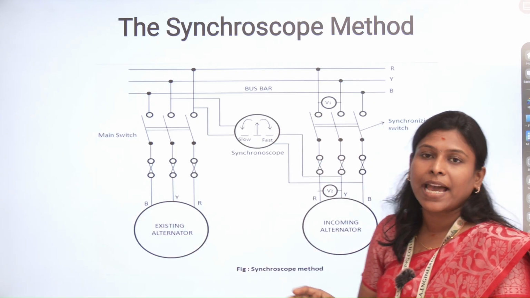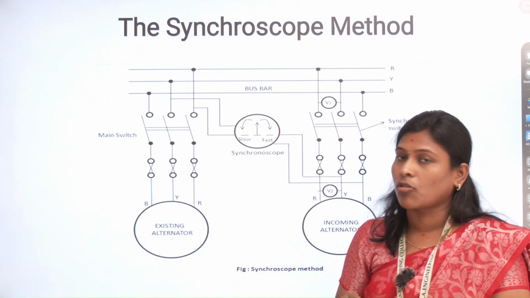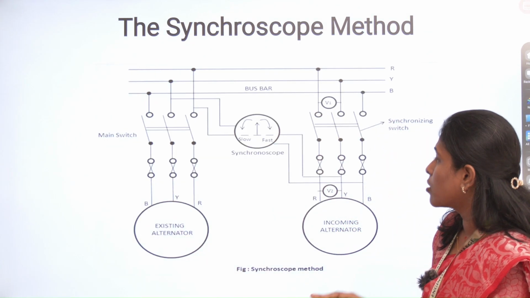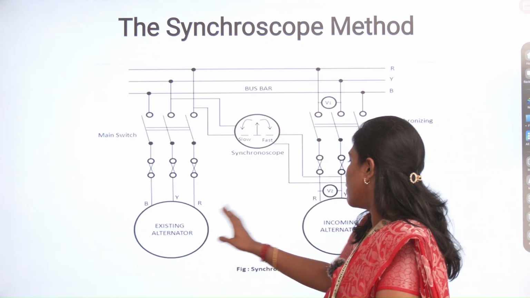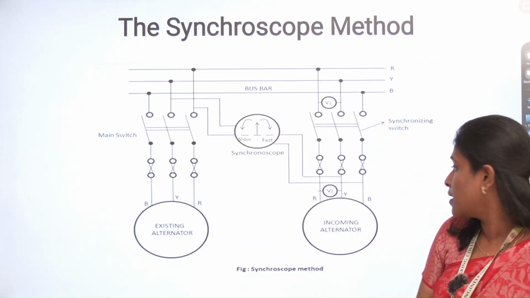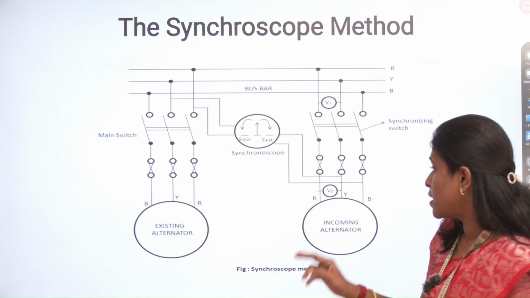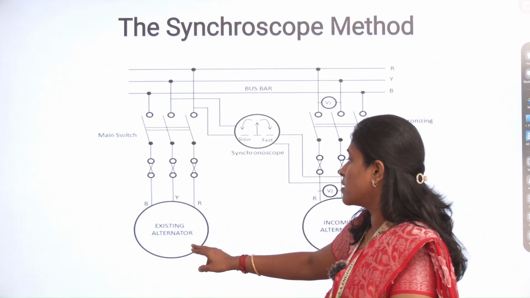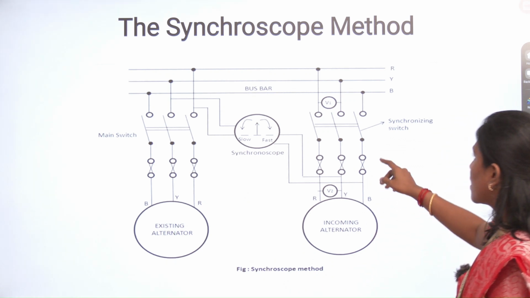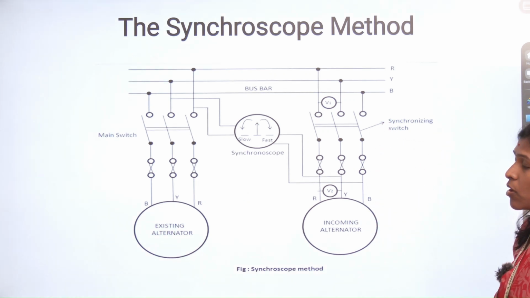Now this is the diagrammatic representation of the synchroscope method. In the synchroscope method, the same 2 alternators are connected, the incoming alternator and the outgoing alternator. The main switch is connected to the outgoing alternator, and the synchronizing switch is connected to the incoming alternator.